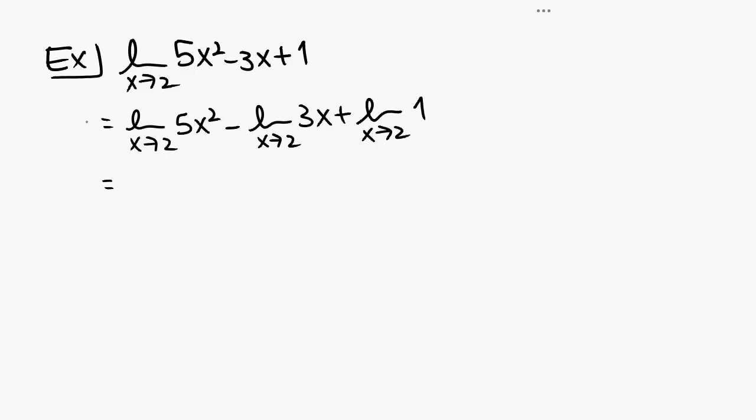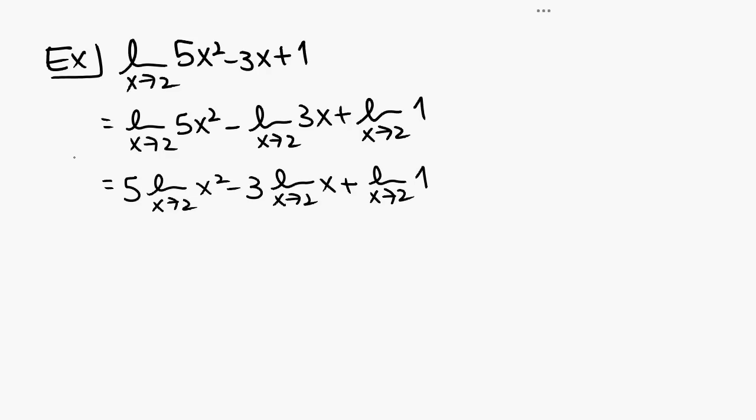And now I'm going to use my first property and take out the constants that are being multiplied to the function. So I have 5 times the limit as x approaches 2 of x squared, minus 3 times the limit as x approaches 2 of x, and lastly, the limit as x approaches 2 of just 1.